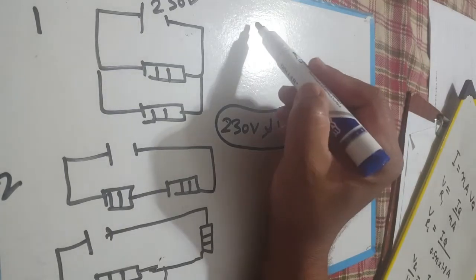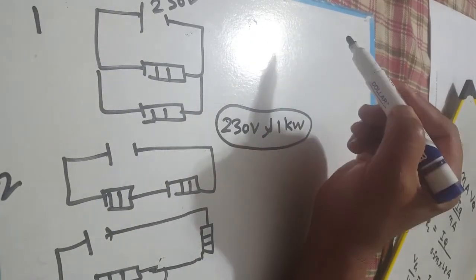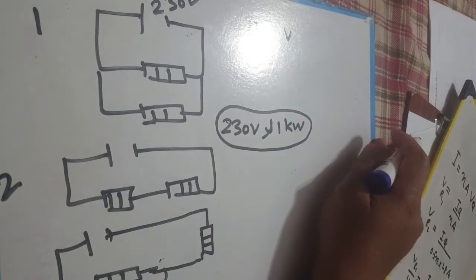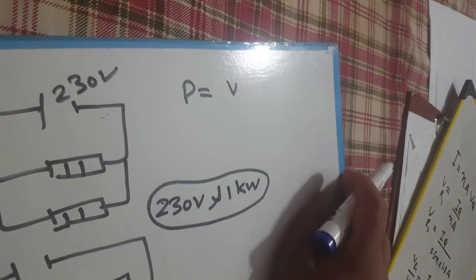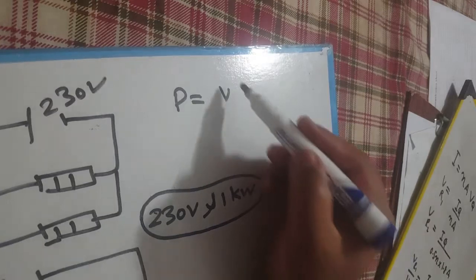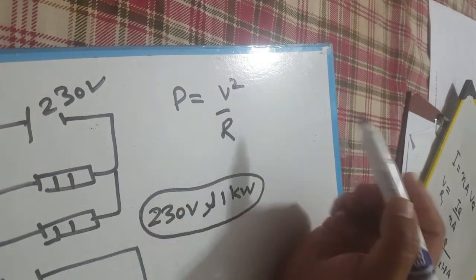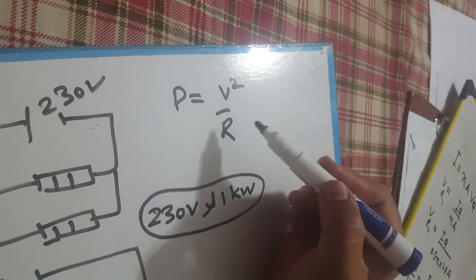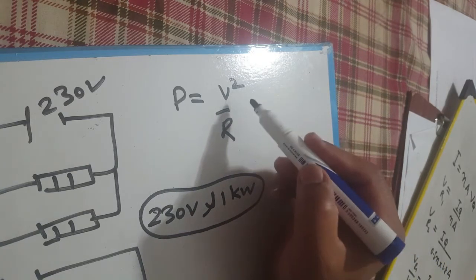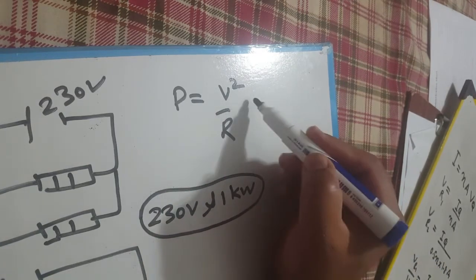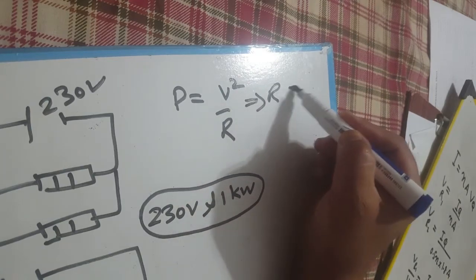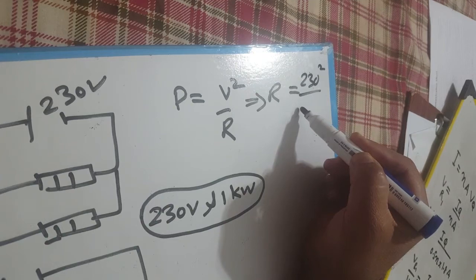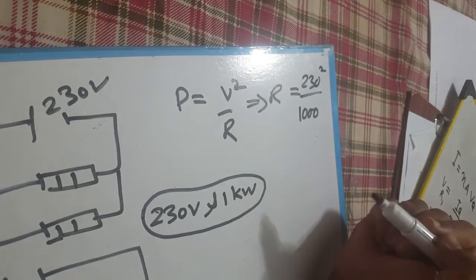So we first find P is equal to V square over R. We first find the resistance. Why we find the resistance, I will explain in a second. So R implies V square, which is 230 square, over power, which is 1 kilowatt.